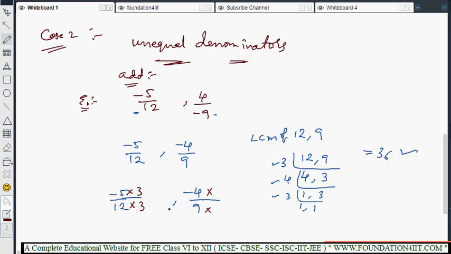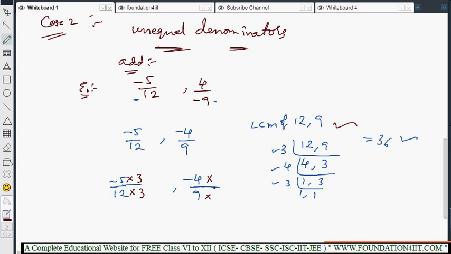Same 3 keep here for the numerator. In case 1, the denominators were the same, so I only did it for numerators. Now in case 2, the denominators are not the same, so we should convert them to the same, only with the help of taking the LCM. Right? Now here 9, that is 9 fours are 36. So the same 4 you keep here, because you have seen the properties of rational numbers.